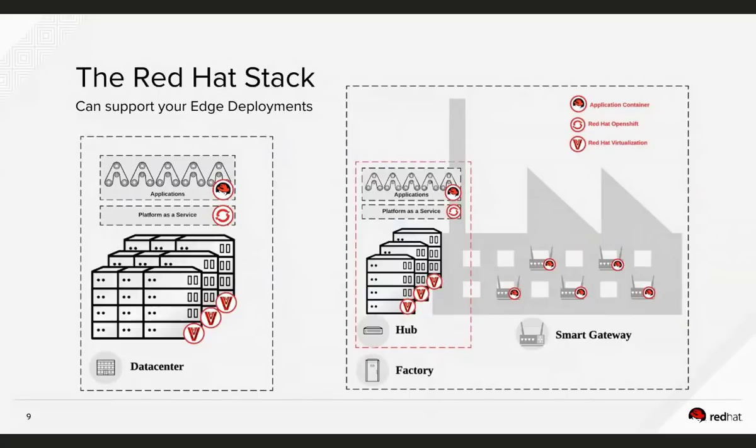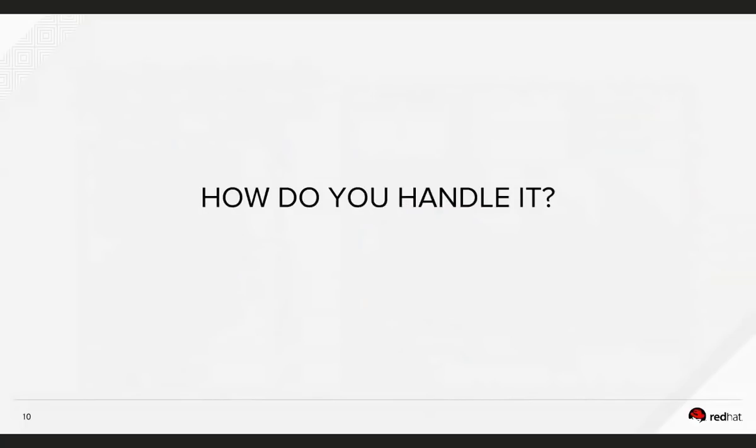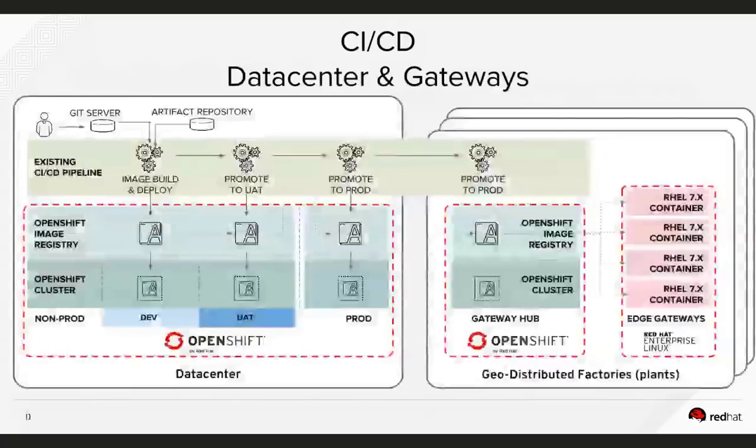The full Red Hat stack could be used in the factory for creating a hub that lets you manage the edge deployment more closely. The edge machines could be Red Hat Enterprise Linux running container engines like Docker, and we can handle the deployment with Ansible Automation. But how do we handle it?